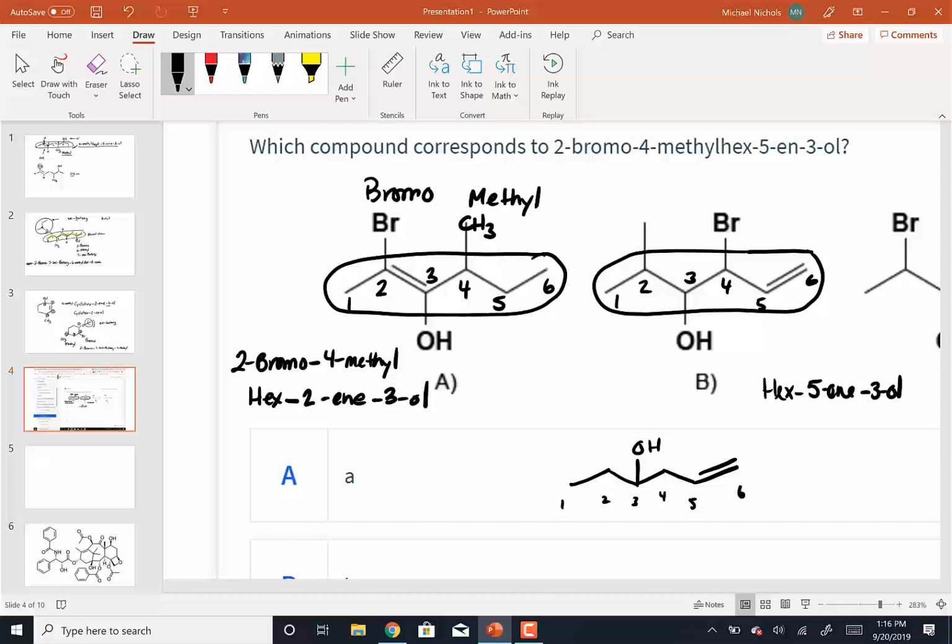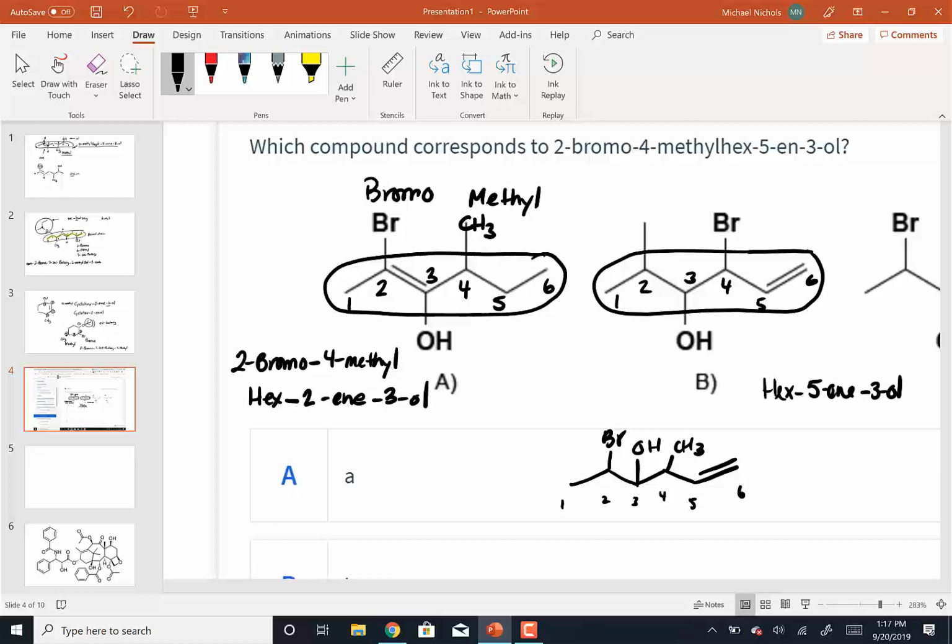Where's my methyl group? On carbon 4, and my bromo group is on carbon 2. So it'd have the bromo, then the OH, then the methyl group, with the double bond at the end, and the OH on carbon 3.